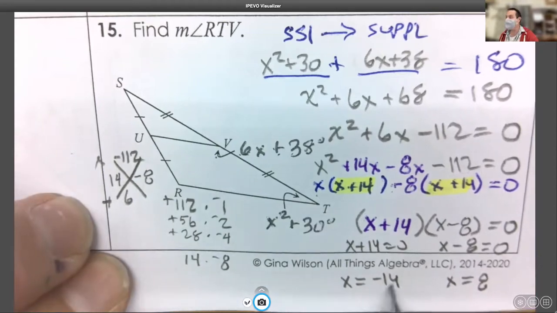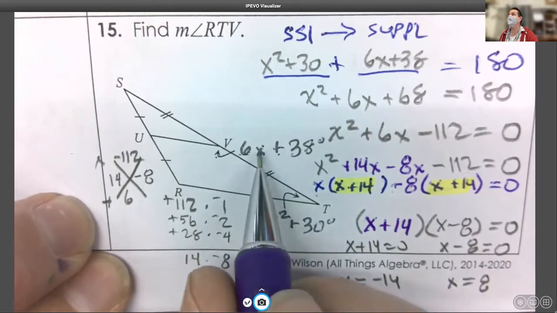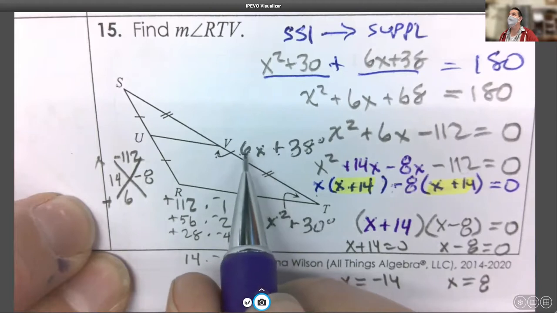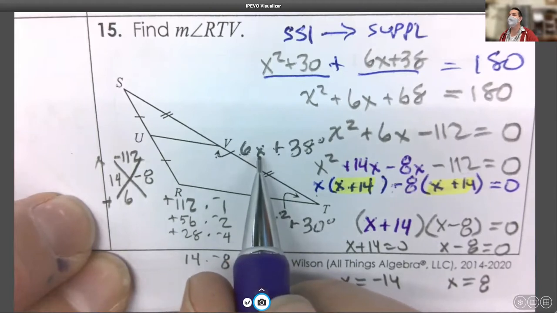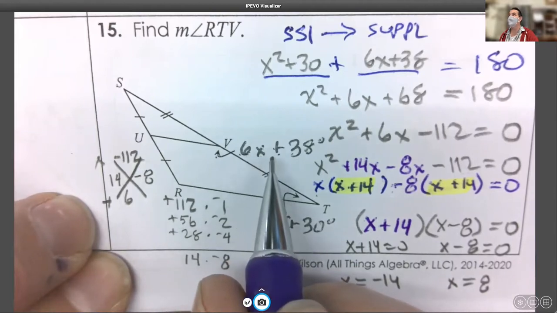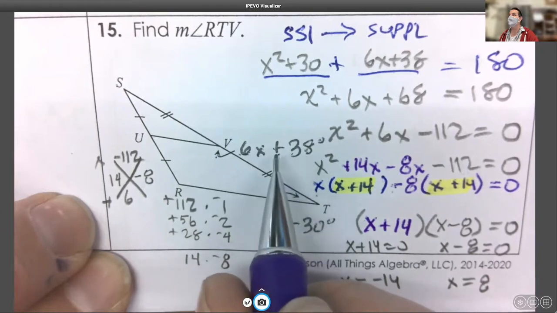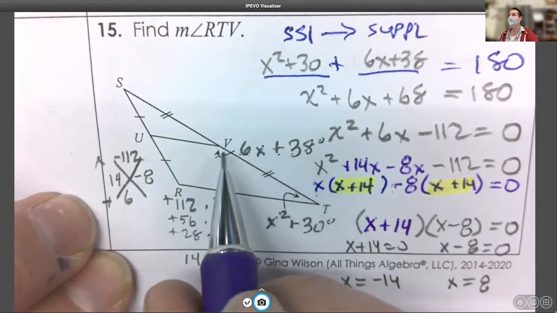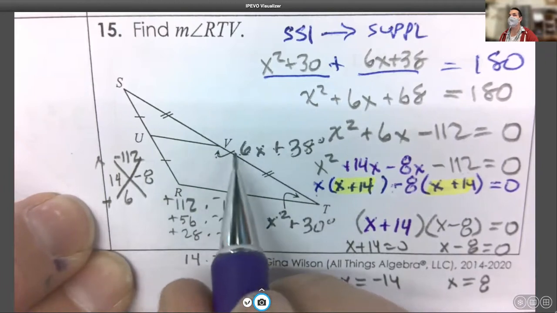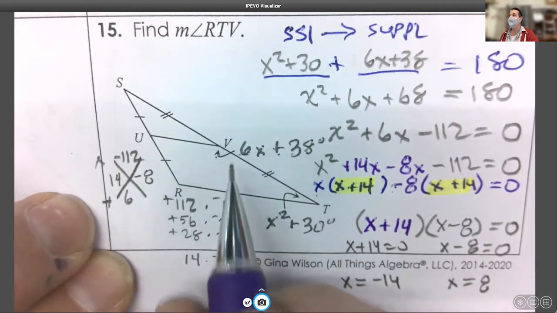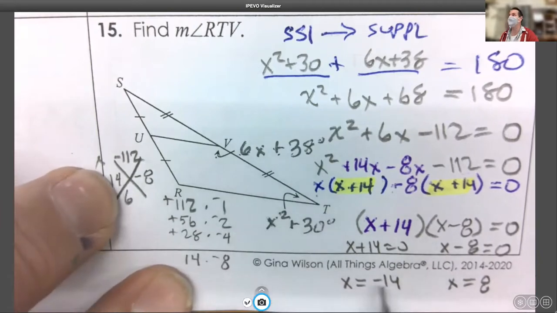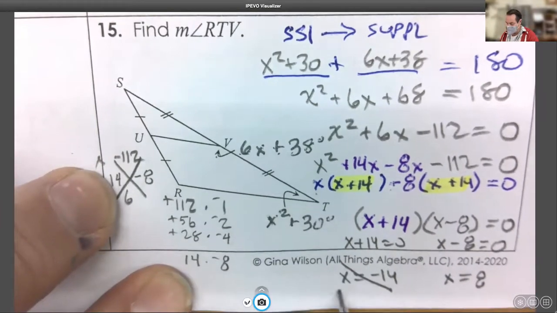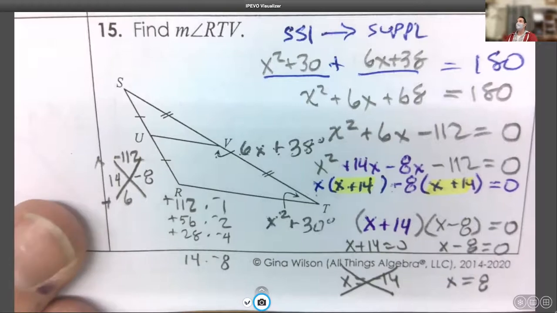If I put a negative 14 in for X up here, 6 times negative 14 would be negative 84 plus 38 would be negative 46. Does it make sense for an angle to be negative 46 degrees? No, I can't have negative angles. So even though the algebra says this is a solution, the geometry says that's an invalid solution.